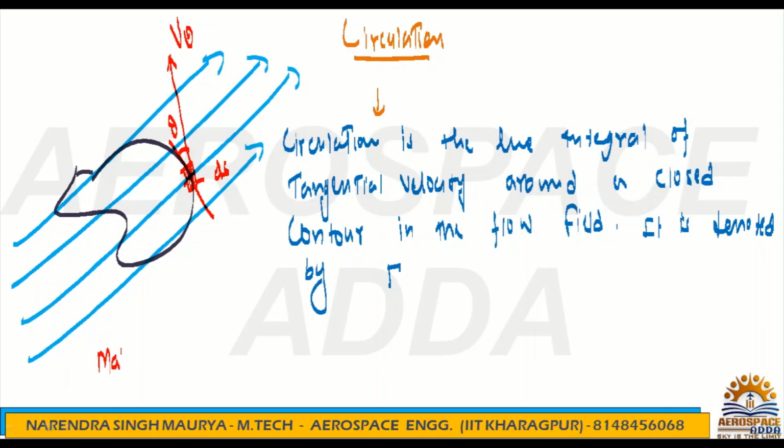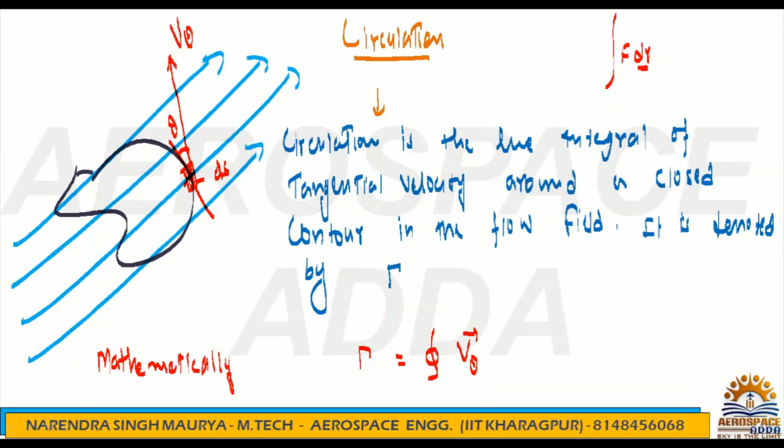So mathematically, how to write the circulation? Circulation is denoted by gamma. It is the line integral over a closed contour, hence you give the closed contour symbol. Line integral of tangential velocity, which is nothing but v theta. If you are taking a line integral, you have to multiply by the elemental length of that contour.